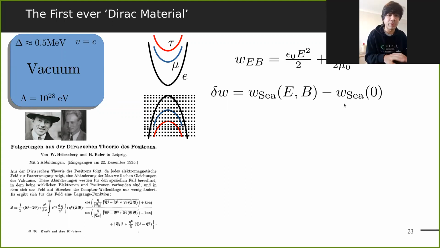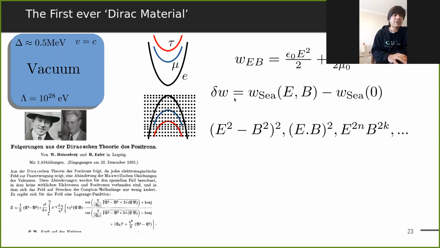There's a constant component that you can throw out, but there's also a component that's changing when you apply electric and magnetic fields. For example, if you apply a magnetic field, they become Landau levels, and the total energy of the Landau levels is different from the total energy of plane waves. And they find that this additional energy density contains all sorts of nonlinear terms, extremely high power nonlinear terms.